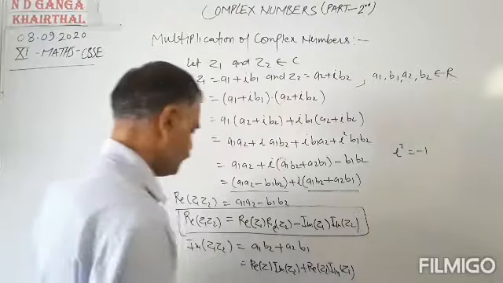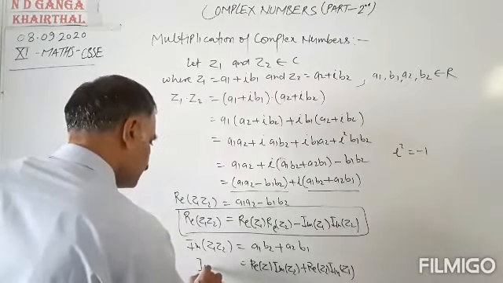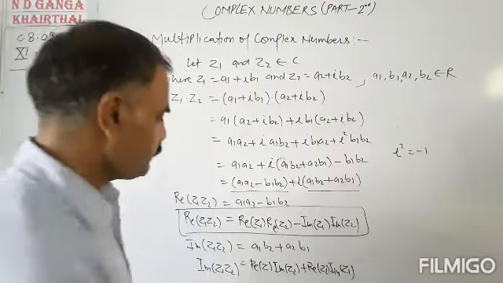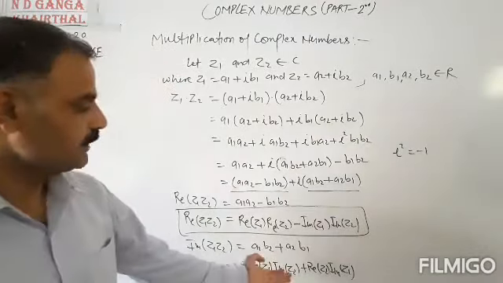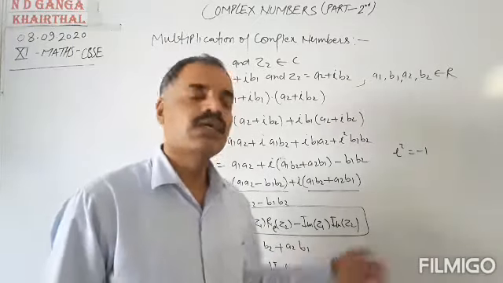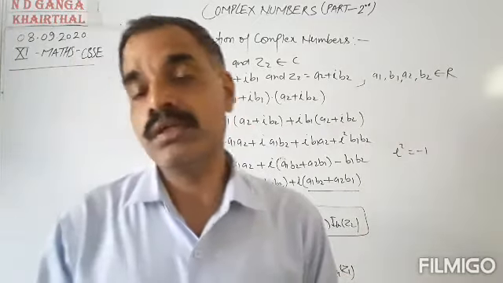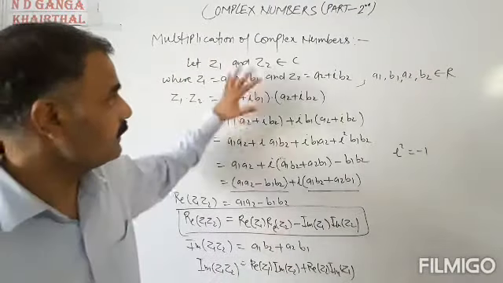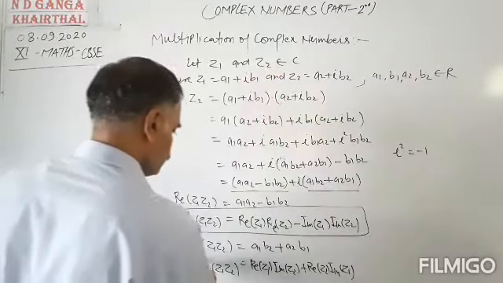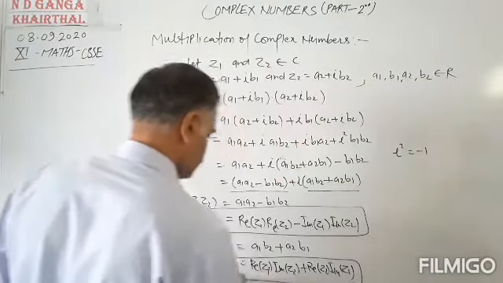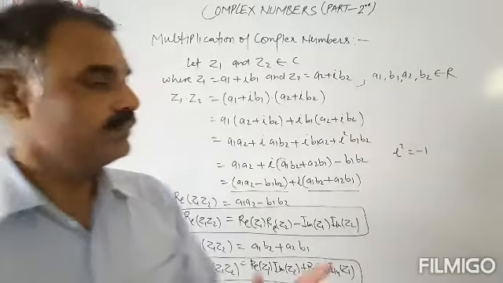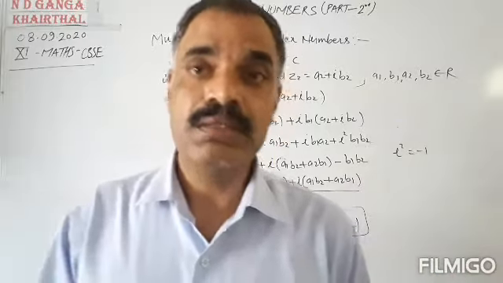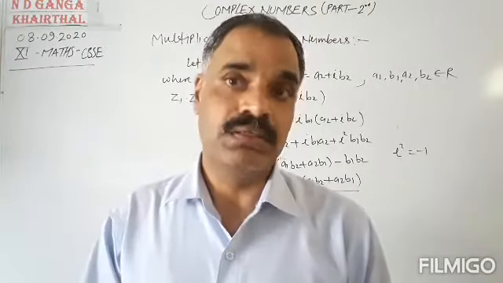So the imaginary part of Z1 into Z2 is equal to the real part of Z1 times the imaginary part of Z2, plus the real part of Z2 times the imaginary part of Z1. Okay, so this is the second result of the multiplication of two complex numbers. In this way we can multiply two complex numbers.